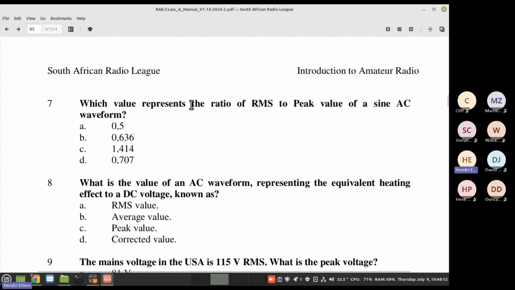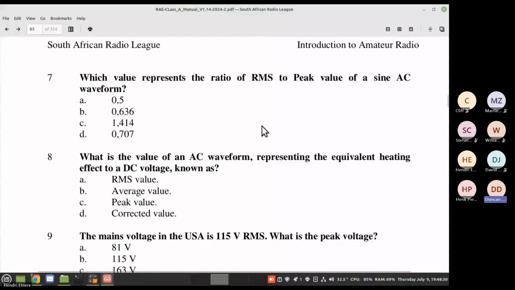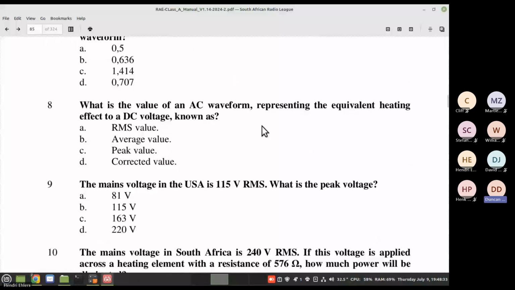Which value represents the ratio of RMS to peak value? And that would be 0.707. Agree? Yes. RMS is 0.707 of the peak, peak times that.